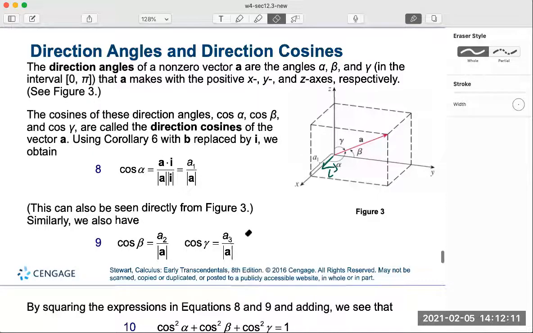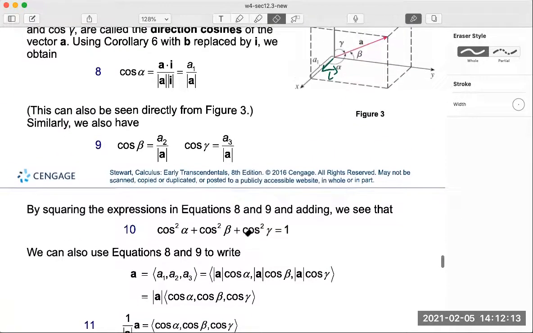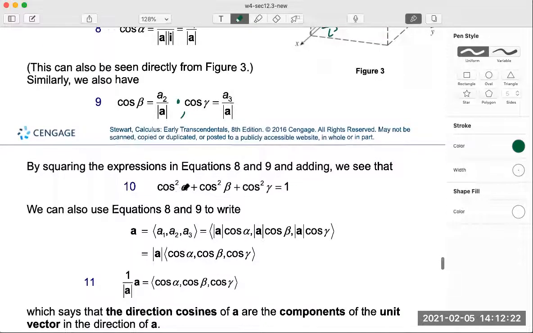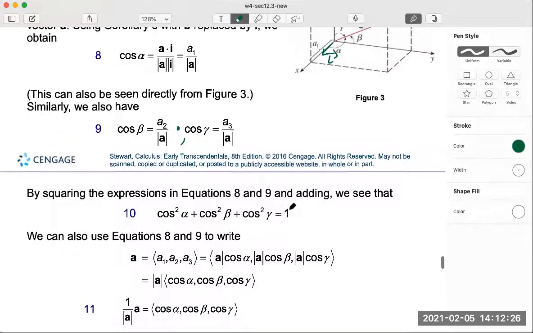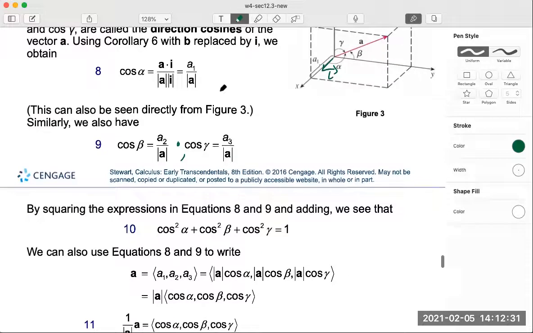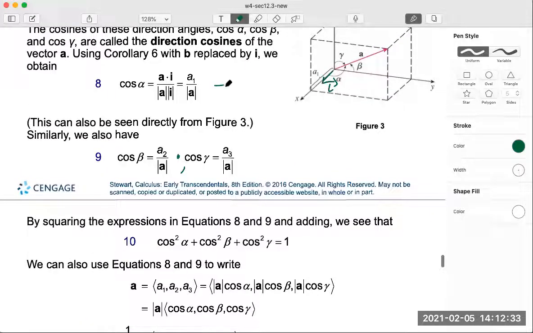Look at this. It's very special that if we square these equations, 8, 9, and this one, we see that cosine square of alpha, cosine square of beta, and cosine square of gamma will sum to 1. Why? Because cosine square of alpha will be A1 square divided by the magnitude of A square, right?